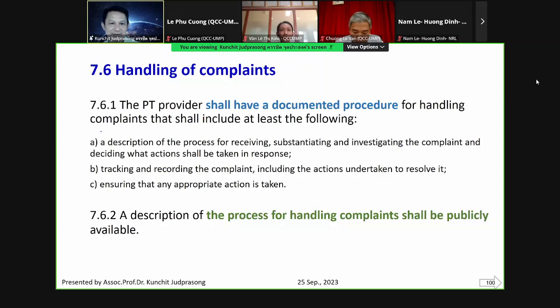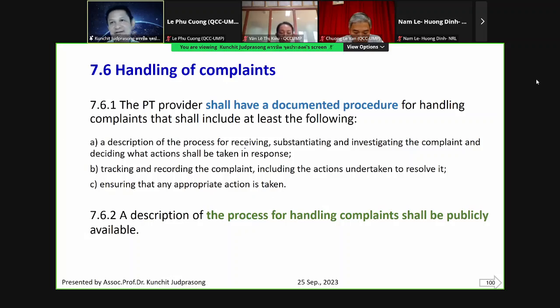Okay, for the handling of the complaint, the PT provider shall have a documented procedure for handling the complaint that shall include the following: description of the process of receiving, validating, investigation, tracking and recording the complaint, including action undertaken, and ensuring any appropriate action is taken. So when you get a complaint, it may come from the participant, laboratory, external provided service, or other. You have to have the document and process.